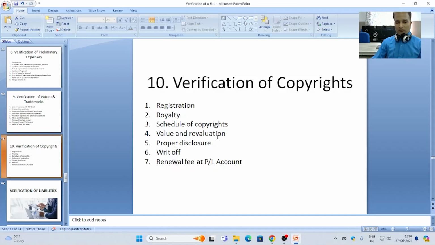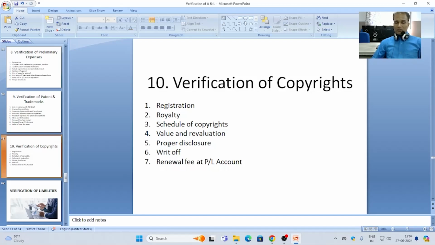For the valuation, the auditor should check that the copyright amount is shown in the balance sheet at its proper value without any extra increase or decrease. In case of revaluation of copyright, if any difference is there, then it should also be accounted for.